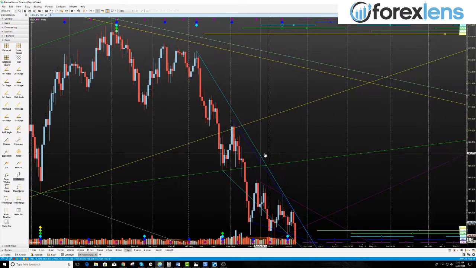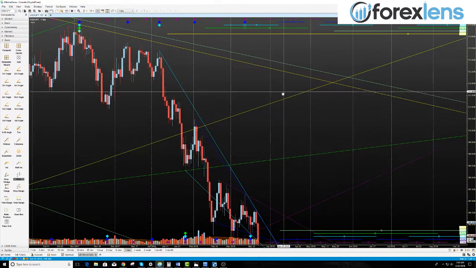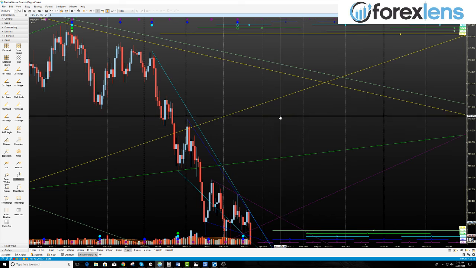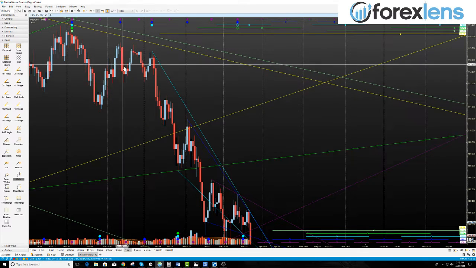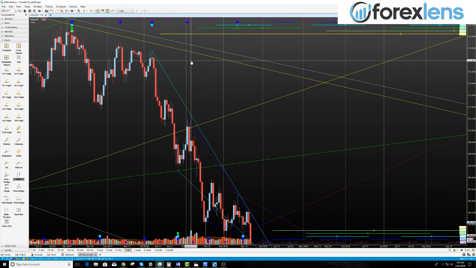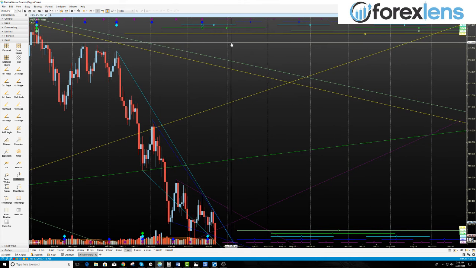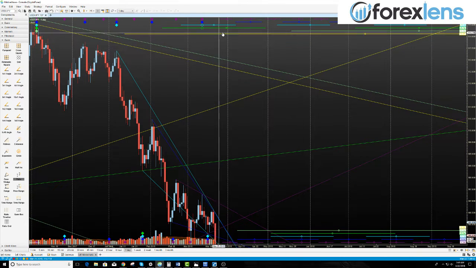Hurst cycles are really nothing more than what we would do with Gann stuff. I talk a lot about how big Gann is on these cycles and these moves, these rhythms and patterns and beats that equities and futures and Forex, all those things, exhibit their own kind of pulse. Well, that's what these lines up here are.